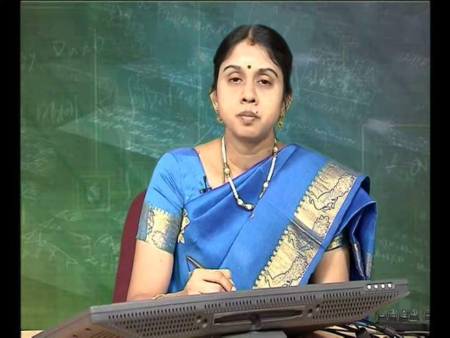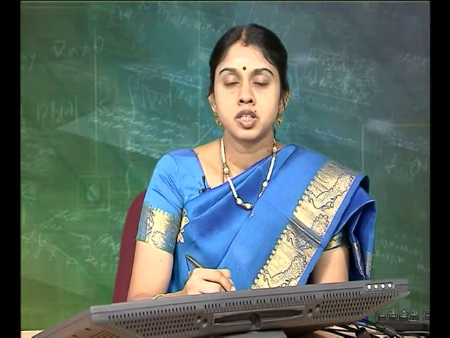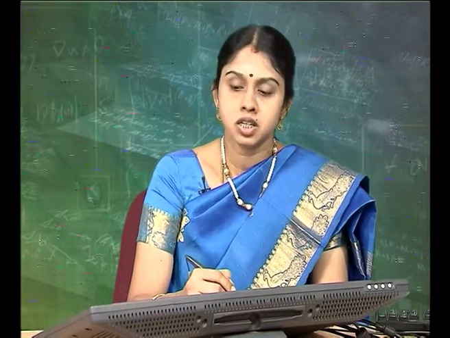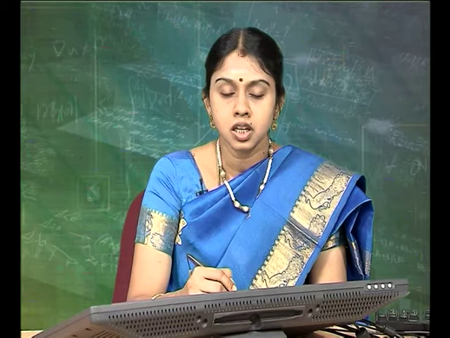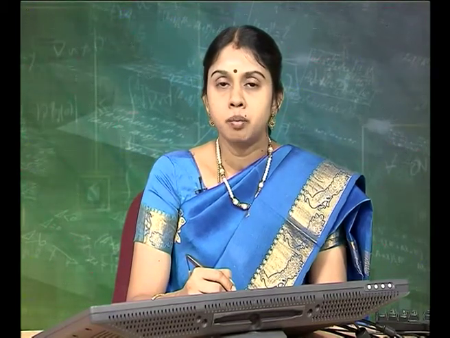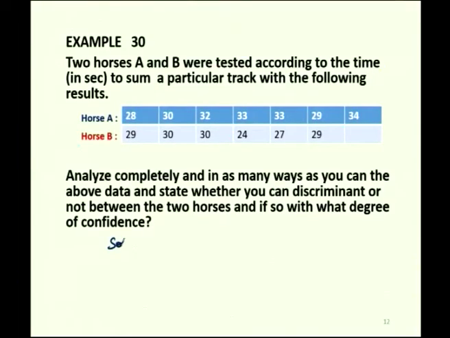That is based on the level of significance you fix. If we fix the level of significance as 5%, our conclusion is 95% confident. And if you fix the level of significance as 1%, whatever result comes as conclusion will be a 99% confident result. Let us work out this example.